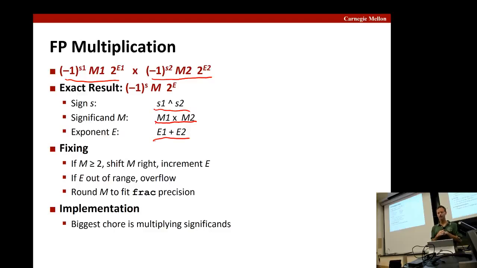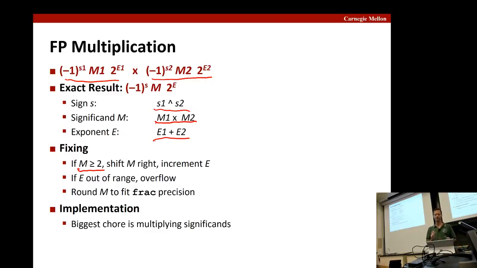But that form is not necessarily going to be in the right form, so we have to fix it up. For instance, if now we have a significand that's no longer 1 point something, but is greater than or equal to 2, then we fix that up by simply shifting the whole thing to the right and incrementing the exponent.